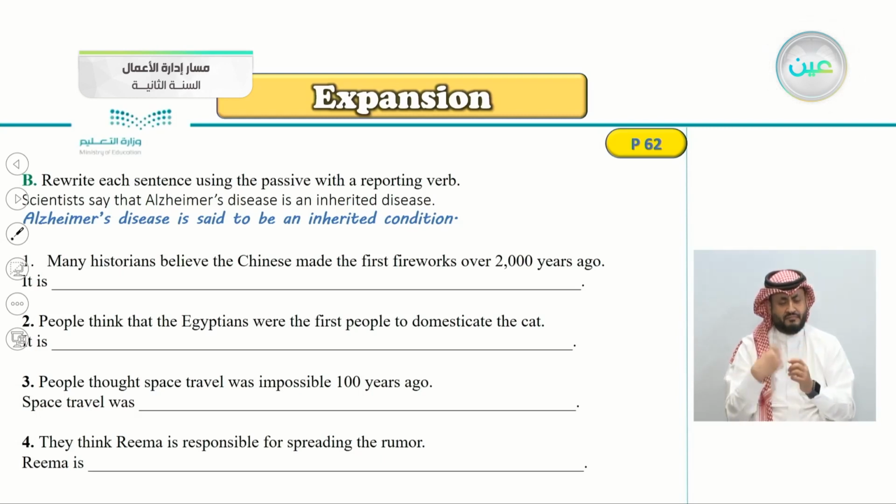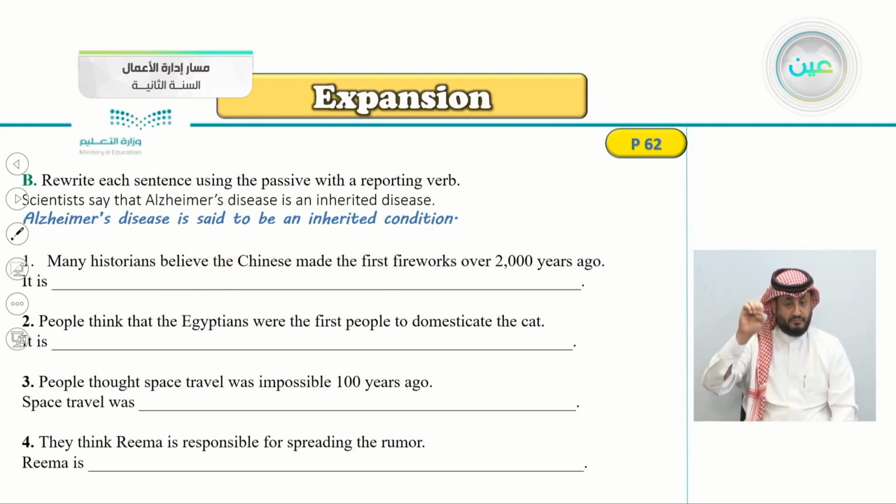Number 1, many historians believe that Chinese made the first fireworks over 2,000 years ago. So it is many historians believe that Chinese made the first fireworks over 2,000 years ago.